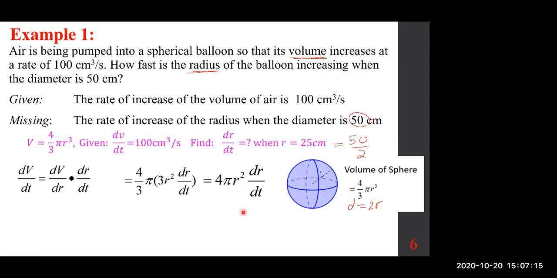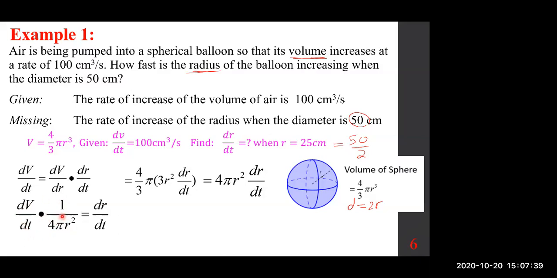How do you solve for dr/dt? We divide both sides by 4 pi r squared. Division by 4 pi r squared is the same as multiplying by 1/(4 pi r squared). So one more time, dividing both sides by 4 pi r squared, it goes away on the right side, and the left side is 1/(4 pi r squared). I hope you realize this is just division, right?